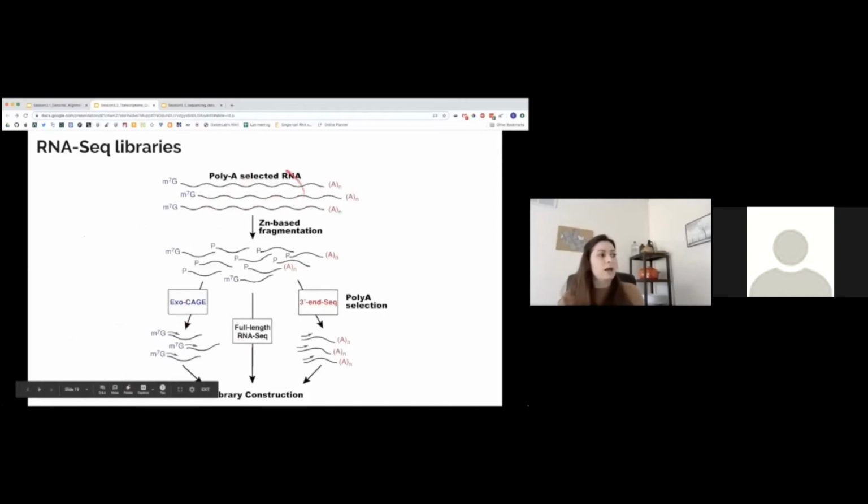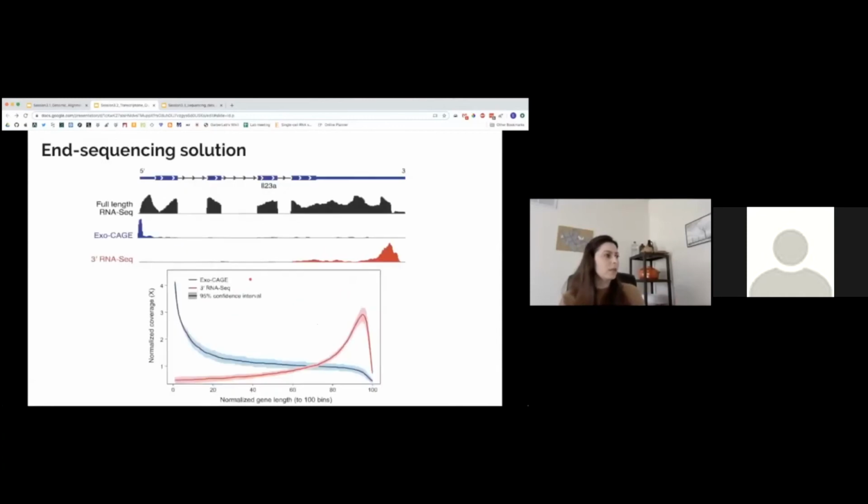You start from poly A selected RNA for all three of them, for example, and you get fragmented RNA, of which you can then select either the 5' end based on biotinylation of the cap, or you can select the 3' end based on oligos against the poly A. And you can also sequence the full length, which will capture all of these regions of the transcript.